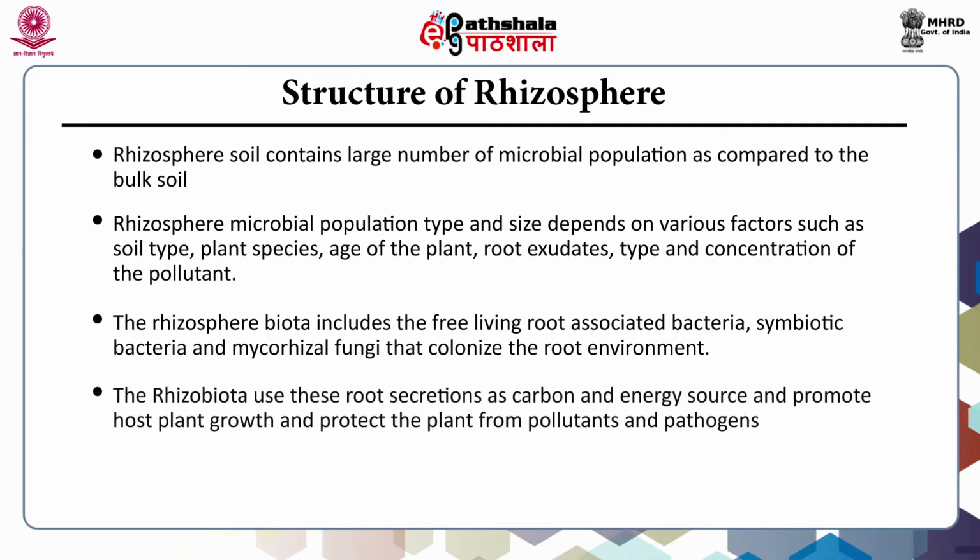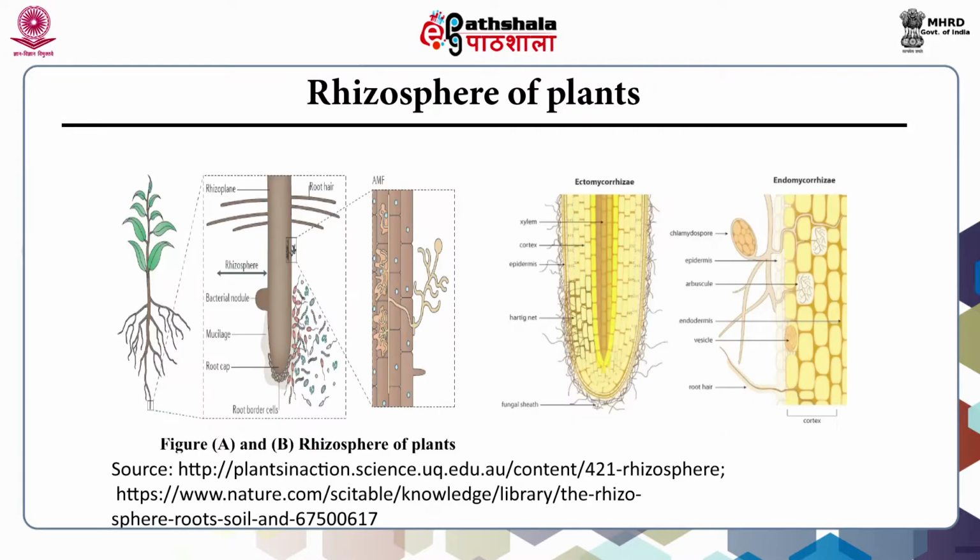The rhizobiota use these root secretions and grow and proliferate in that particular area. Generally, these rhizosphere microorganisms protect the plant from pollutants and pathogens. Actually, there exists a symbiotic relationship between the rhizospheric microorganisms and the root.